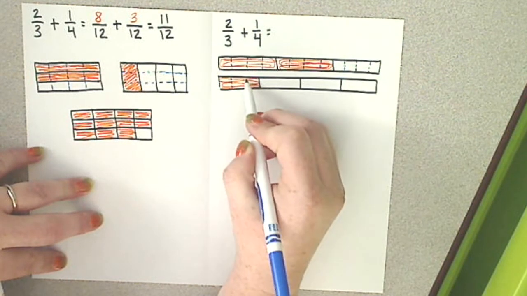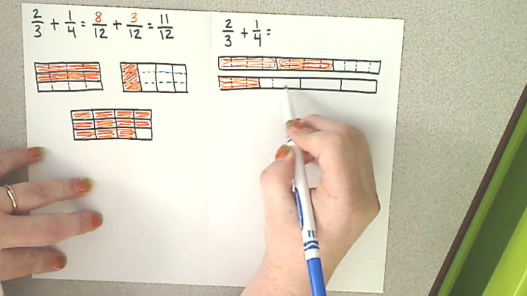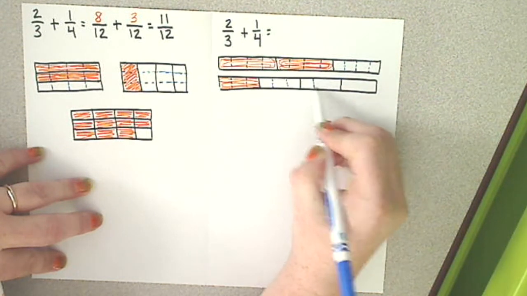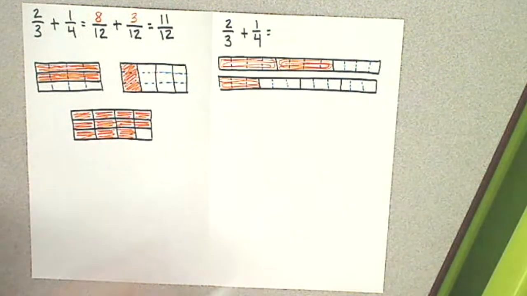And then I'm going to split these in thirds. Now I understand that my fraction bars aren't perfect. These pieces should be lining up just about the same, but when you hand draw things, it's not going to be exactly perfect, and that's okay.